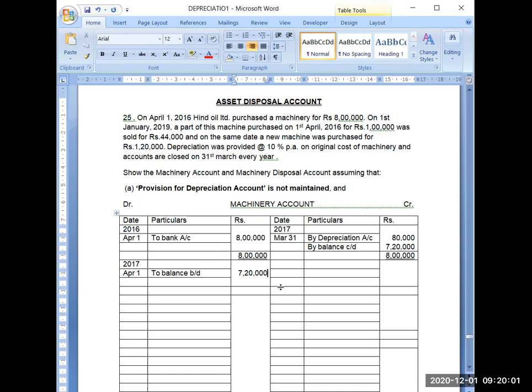Now again there is no other transaction given in the year 17-18. So we will reach the end of the year again, 2018, March 31, by depreciation.